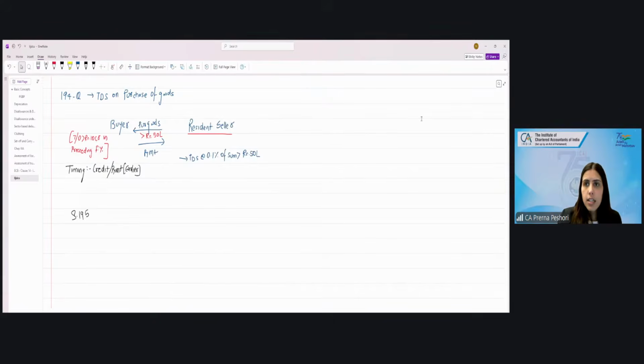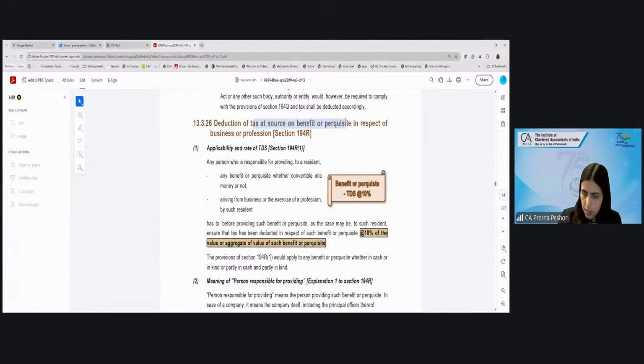Next, let's look at the module. Section 194R, which is deduction of tax at source on benefit or perquisite in respect of business or profession.